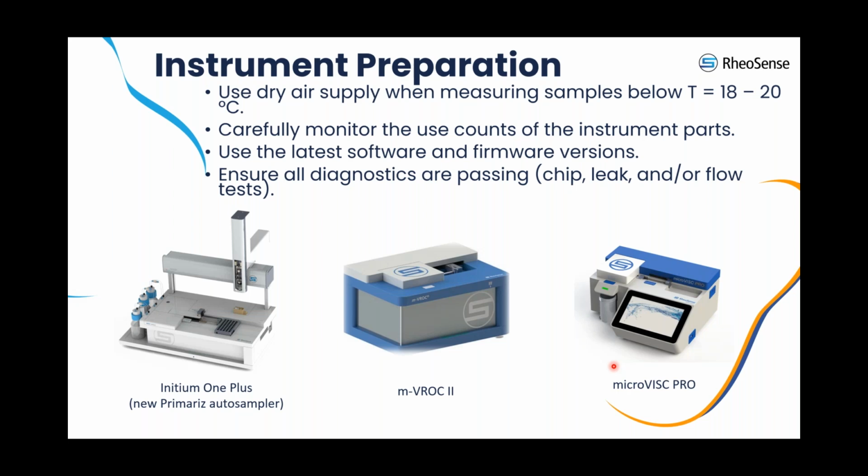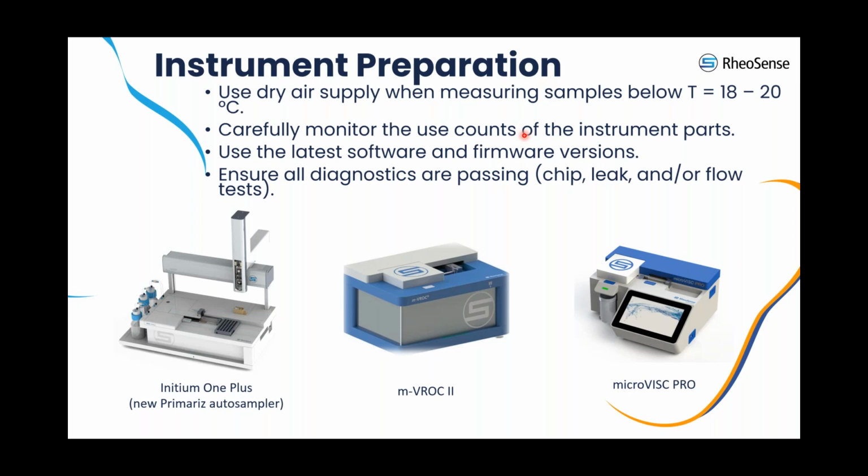You can also monitor the use counts of various instrument parts. For example, on the Initium, you can check the use count for the auto sampler syringe, test syringe, switch valves, and other components. This allows you to stay on top of maintenance and ensure that everything is functioning properly.